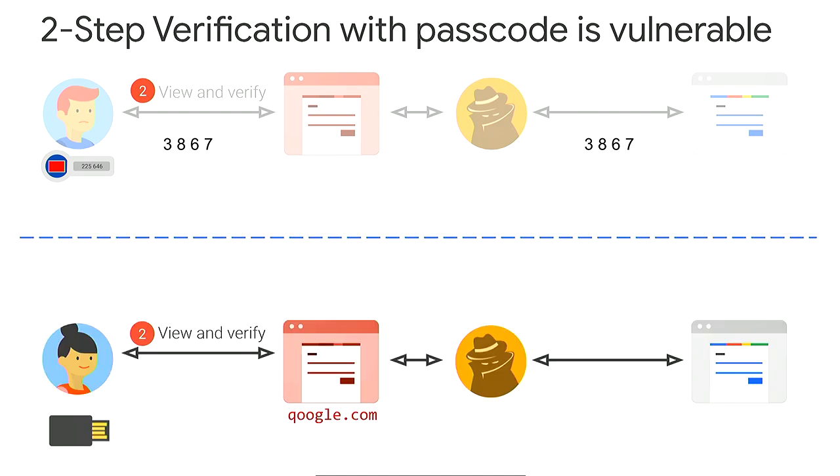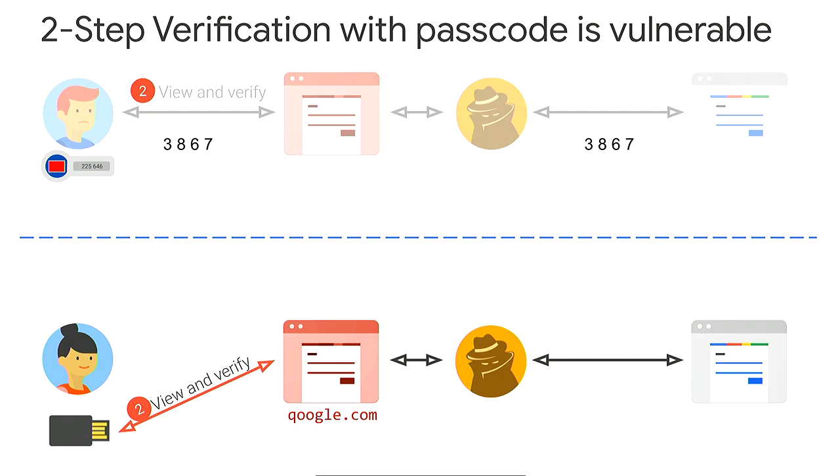What we use at Google, and what more and more G Suite customers are now using, is security keys. The way security keys work is, imagine the lady here logs in with her email and password, and then instead of entering a passcode, it's the security key that sends the authentication to the site in the middle, the malicious site.